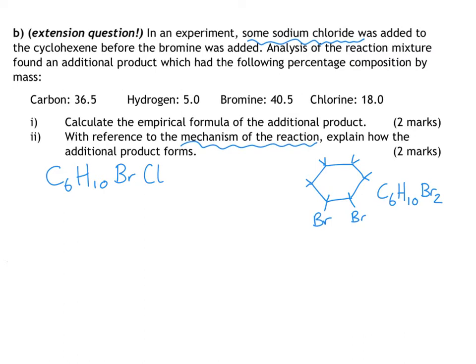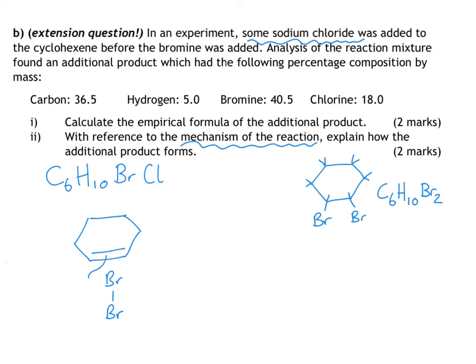So the point of this is this idea that during the mechanism, the carbocation intermediate forms. So at the start of the reaction, chloride cannot be involved at the start of the reaction. So Cl- isn't going to do anything to a carbon-carbon double bond, because Cl- is a negative ion, and the carbon-carbon double bond is a whole area of electron density.